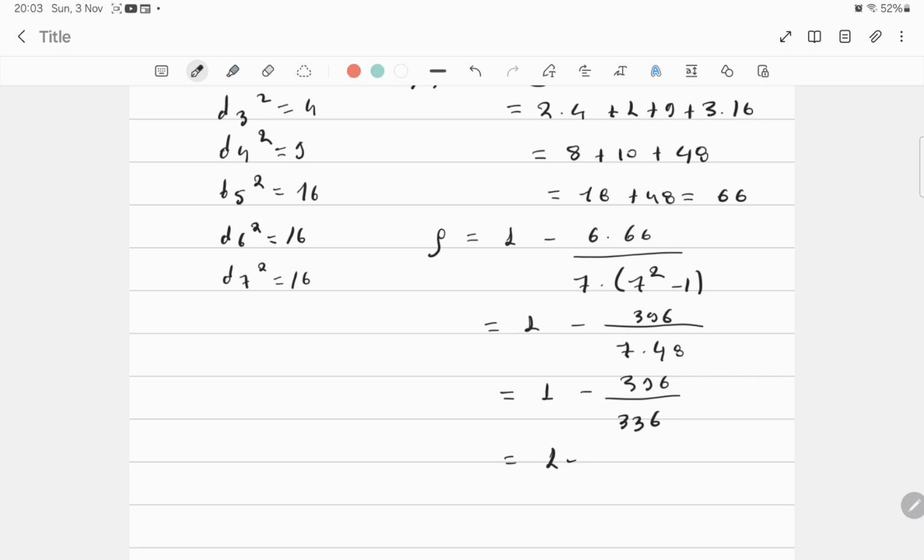Let's calculate the ratio, 396 over 336, that's 1.17857. It's minus 0.17857.